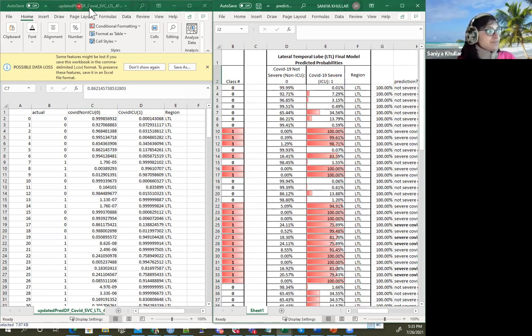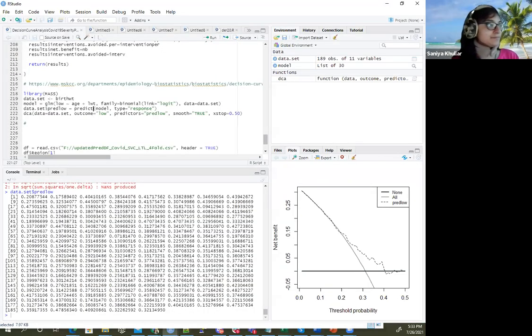So this is updated predictions, DF, COVID, support vector classifier, lateral temporal lobe after 4-fold cross-validation. That's just a fancy name for the model that I was using. Now when I input this into my model, I just read it from my F drive, my good old handy dandy little helper, and I'm very thankful for it.